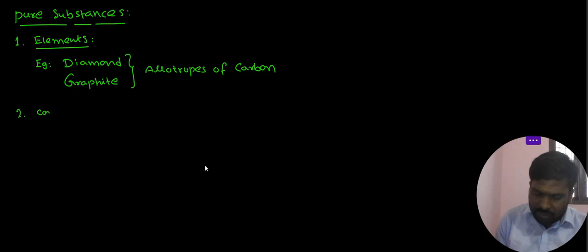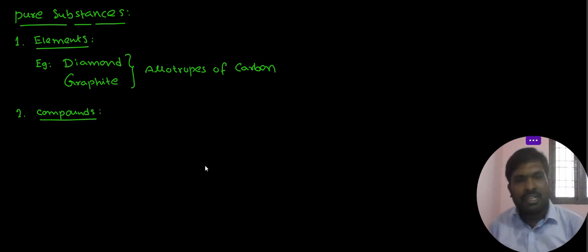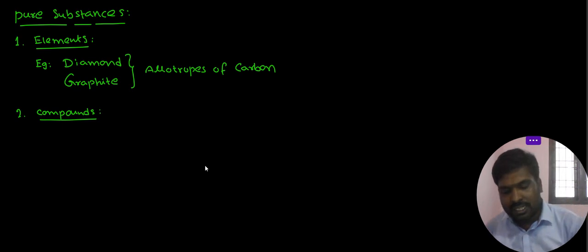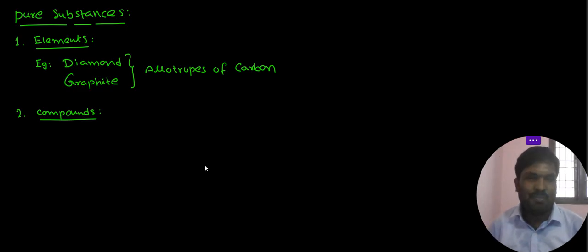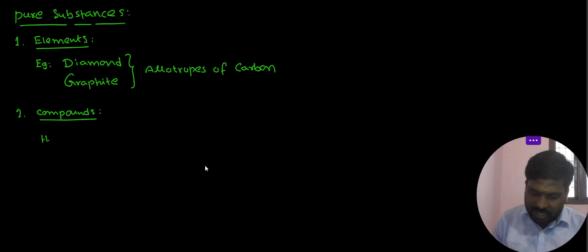Now the second one, compounds or molecules. If atoms are in a pure state, then the compound is also in a pure state, because when atoms combine together, a molecule or compound is formed. For example, H2O is made up of one oxygen and two hydrogen atoms.